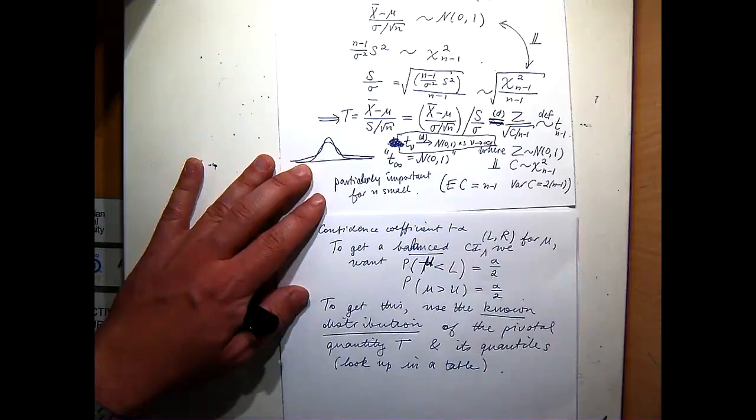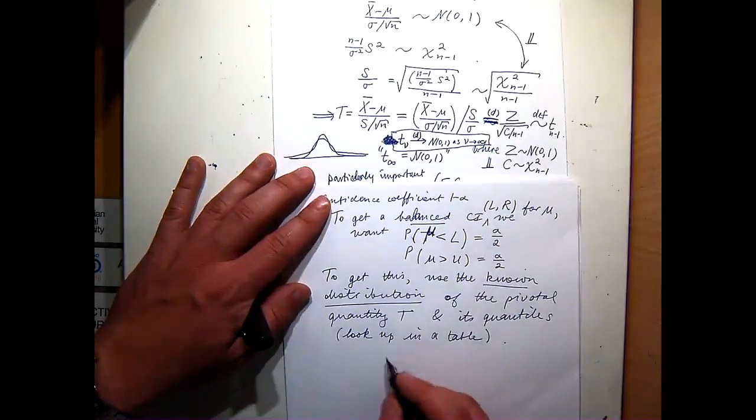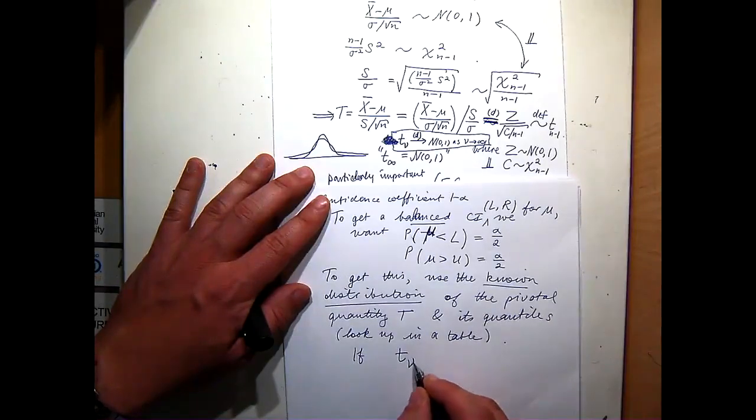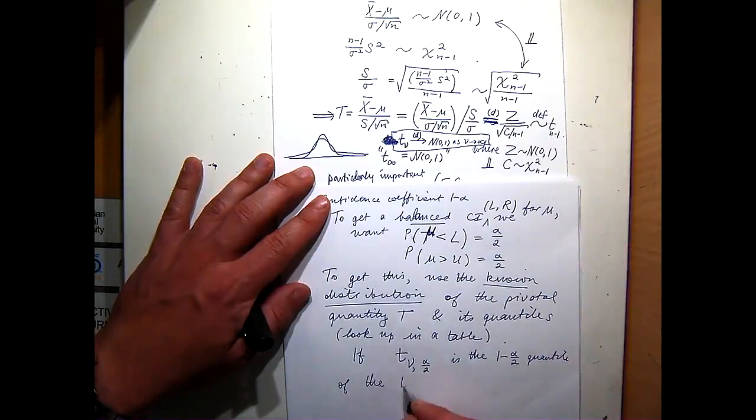Okay. Use the known distribution of t and its quantiles. So typically I might call that t_{ν, α/2}, the 1 minus α/2 quantile of the t_ν distribution.